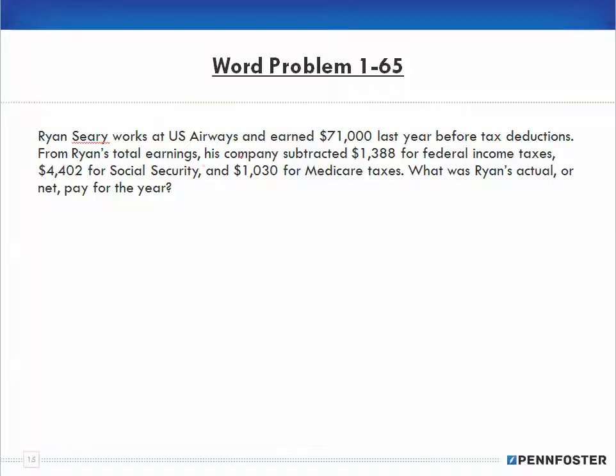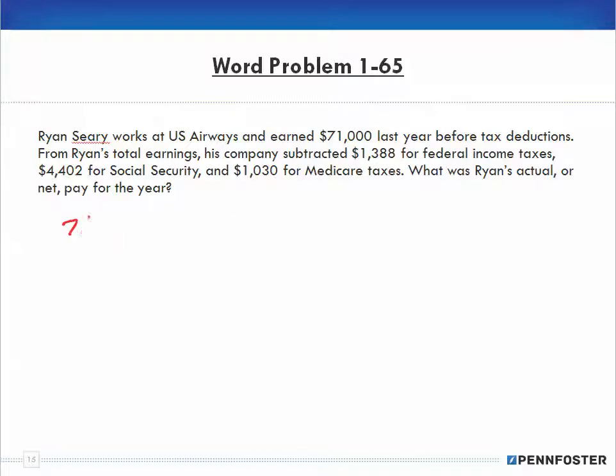From Ryan's total earnings, his company subtracted $1,388 for federal, $4,402 for Social Security, and $1,030 for Medicare taxes. What was Ryan's actual or net pay for the year? Okay. All right, so 2 ways of doing this.